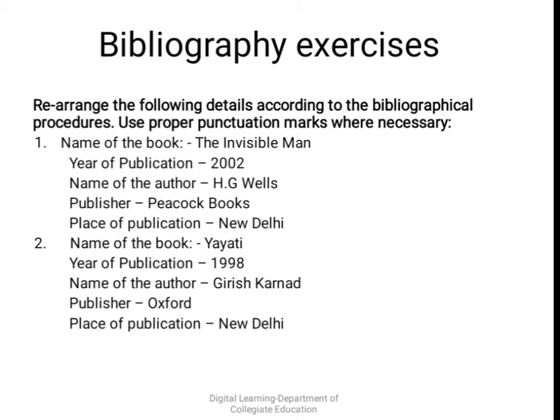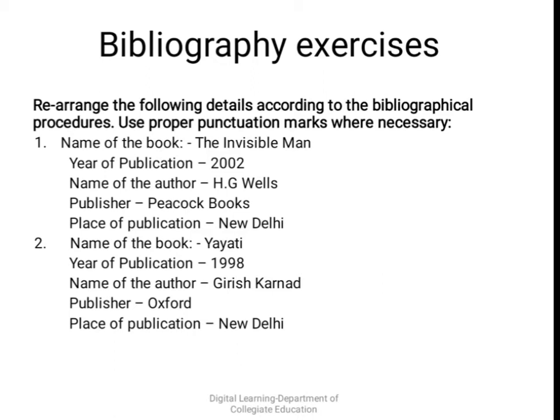Name of the author, H.G. Wells. Publisher, Peacock Books. Place of publication, New Delhi. So in a haphazard manner, entries are shuffled and given. You need to locate what comes first, what comes next, what is to be written where, and so on.